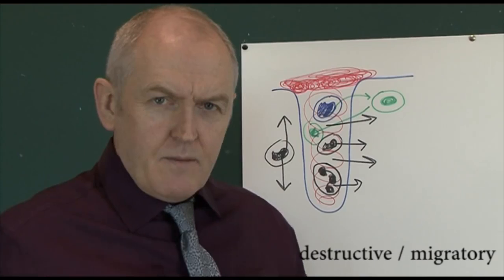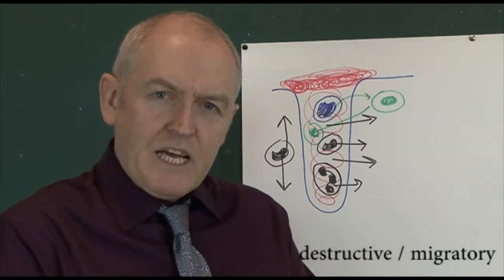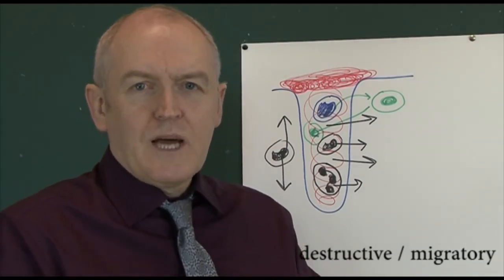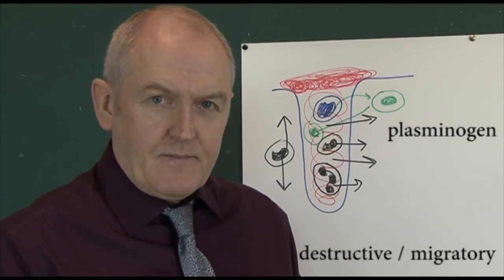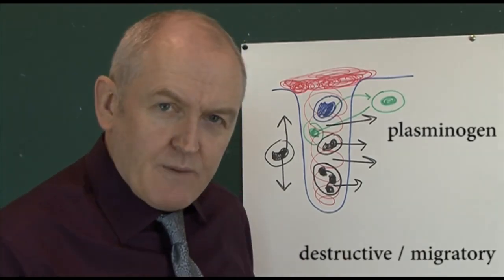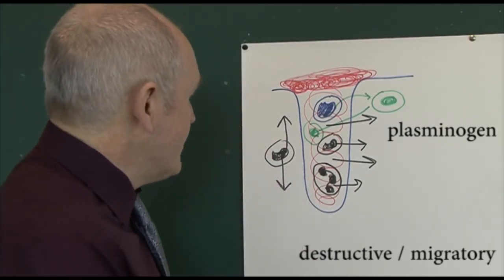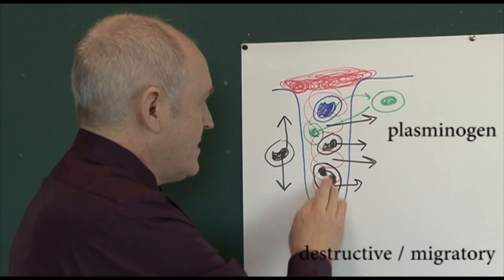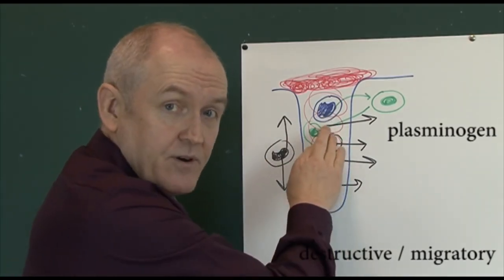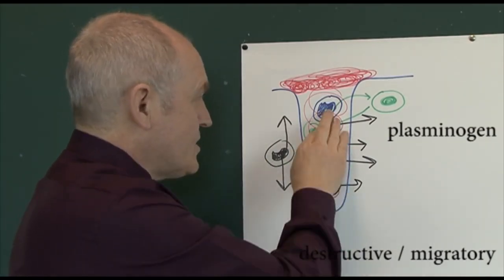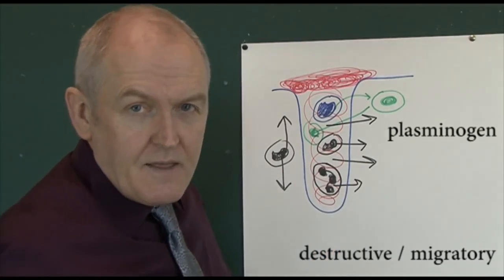Now, in the blood, there is a plasma protein called plasminogen. Plasminogen is a soluble protein in the blood. So when we get a blood clot situation, now the blood has escaped from the blood vessels, there's still going to be plasminogen in that blood clot.